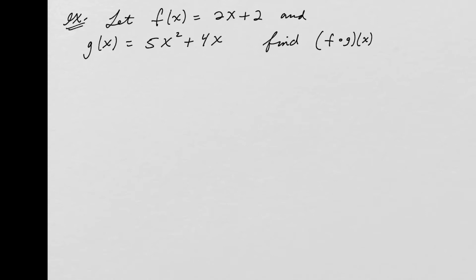Okay, so remember what that means. It means f of g of x. So g becomes the input to the f function. So I look at my outside function, my f function, and where I have an x, I'm going to plug in g of x.